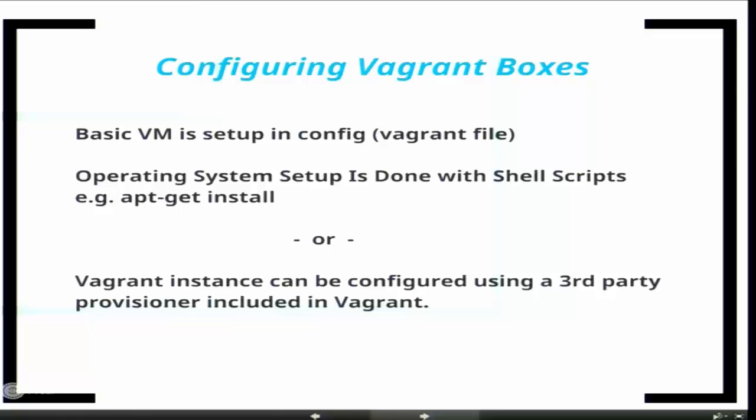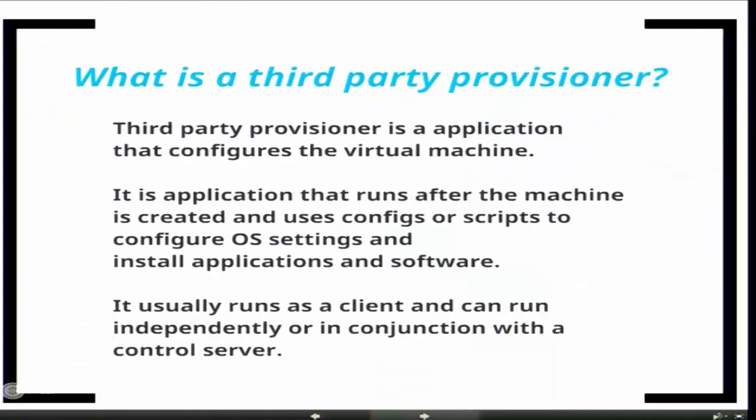I'll give a little bit of an overview of what a third-party provisioner is. A third-party provisioner takes some of the grunt work out of using Vagrant. So instead of writing your shell scripts and writing your apps and everything, a lot of these third-party provisioners are applications or clients that run after your operating system is set up, and they help get your machine running.